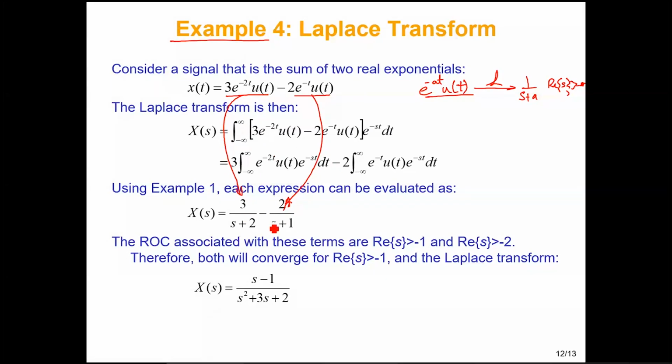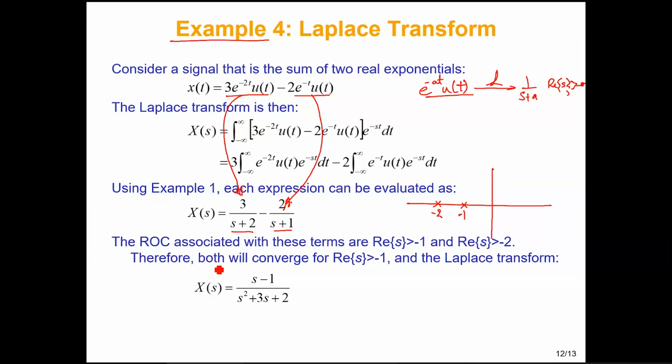And once we have this, the interesting part is that this has a pole, this has a pole, and if you see your poles, one lies at s equal to minus 2, the other lies at s equal to minus 1. Now each of these poles will contribute its region of convergence. There will be an associated region of convergence with each. Both of these poles are coming from causal signals or causal functions. So minus 2 will have a region of convergence on the right hand side, minus 1 also will have a region of convergence on the right hand side.